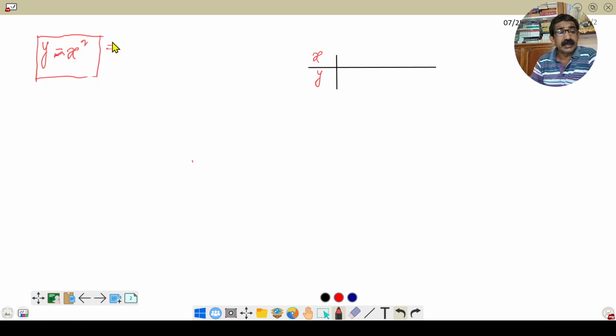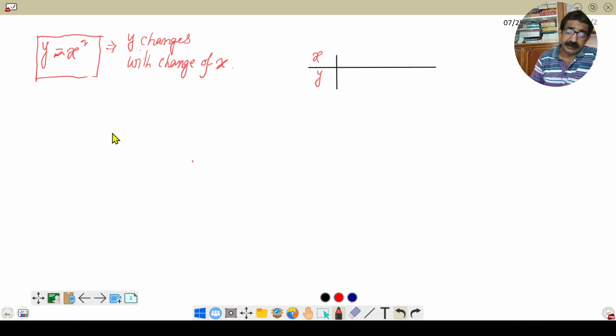So y is equal to x square. This equality sign implies what? What does it imply? Y changes with change of x. That means when x changes, y also changes. Okay.